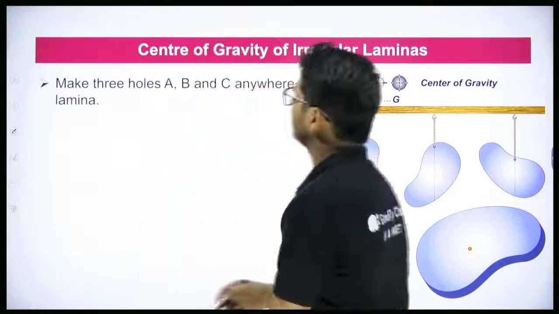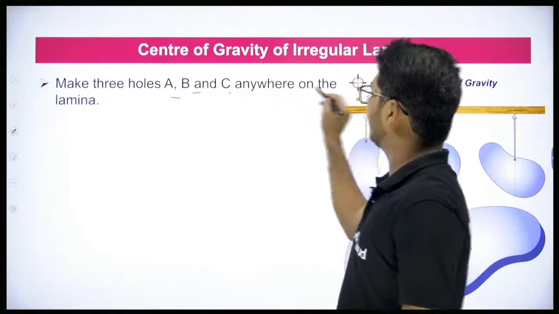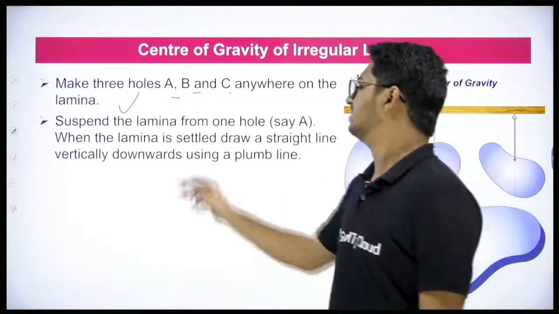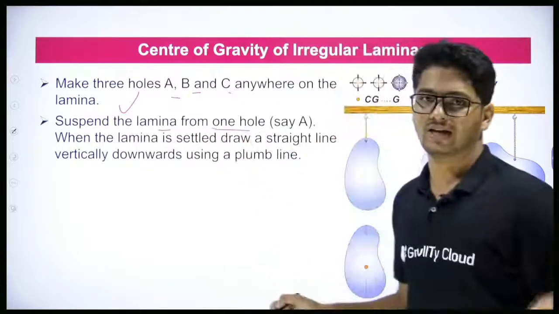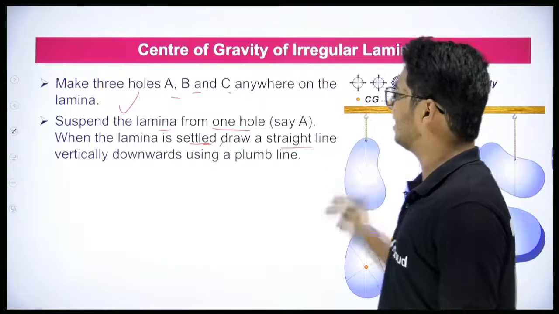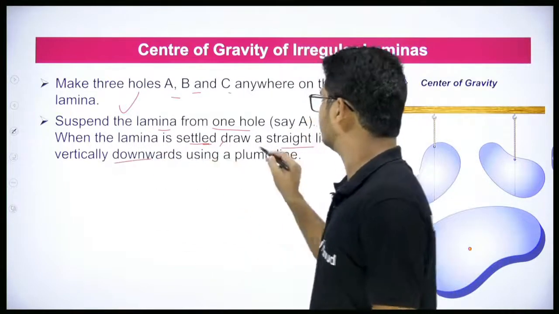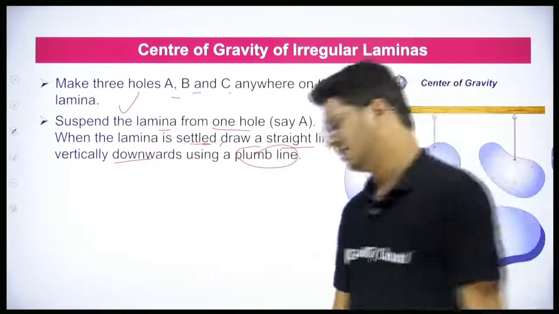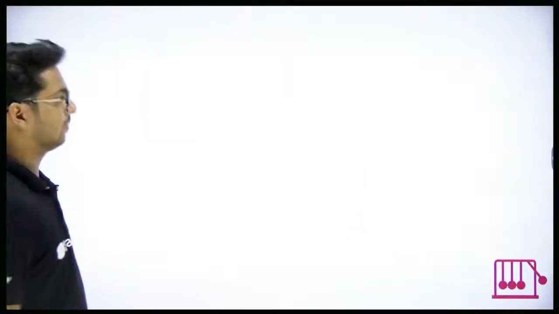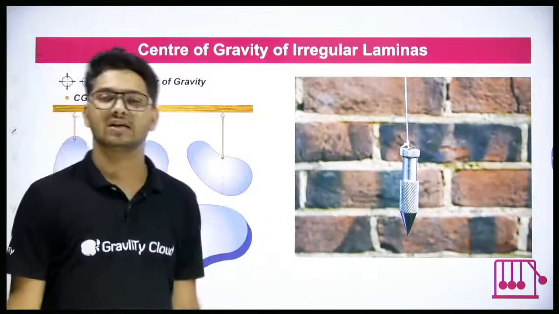So look at this. Make 3 holes A, B and C anywhere on the lamina, a 2D object. Suspend the lamina from one hole, say A. When the lamina is settled, draw a straight line vertically downwards using a plumb line. Now what is this plumb line? If you go to any construction site, you will see something like this.